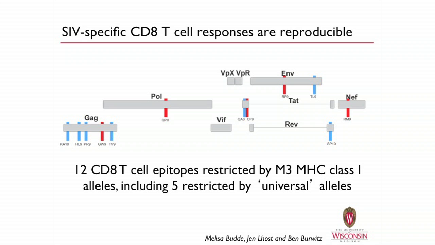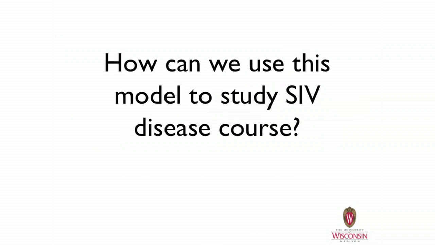So these 5 epitopes would be presented by MHC molecules in 90% of Mauritian cynos. And we could study T cell responses to those 5 epitopes in 90% of animals. So how can we use this model to study SIV disease course?